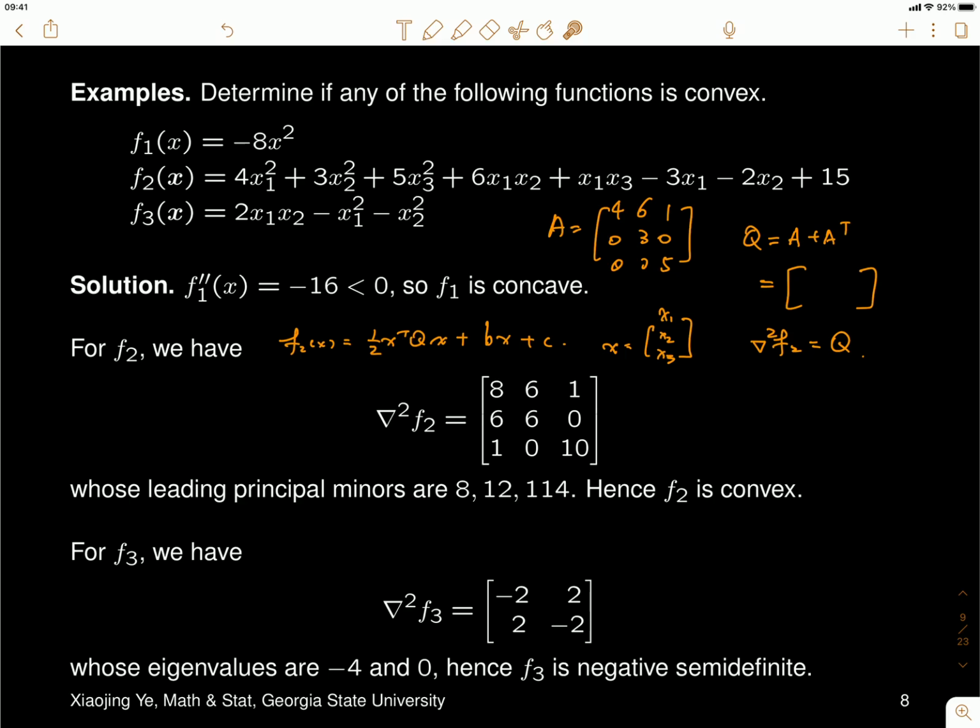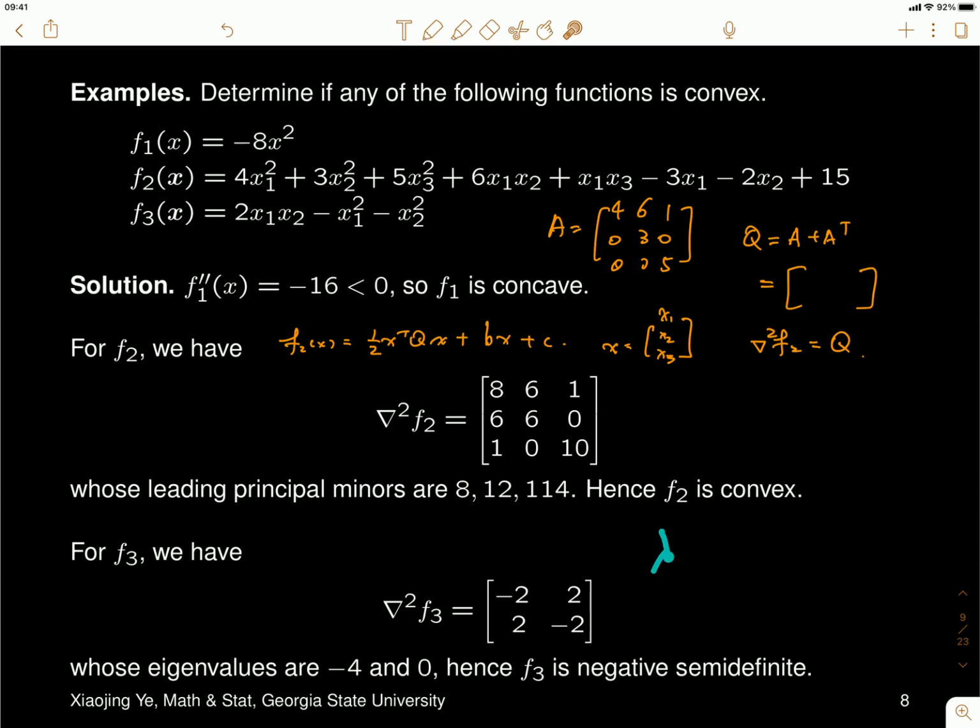And similarly, we can check F3. Again, it's a quadratic function, and the Q matrix turns out to be this. Now we can check if this one is positive definite or not. An easy way to check, as we said, is the eigenvalues. It's pretty easy to compute.